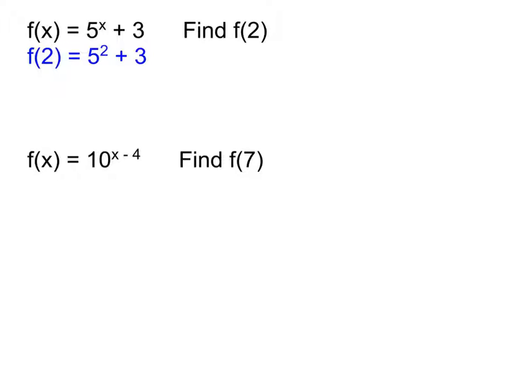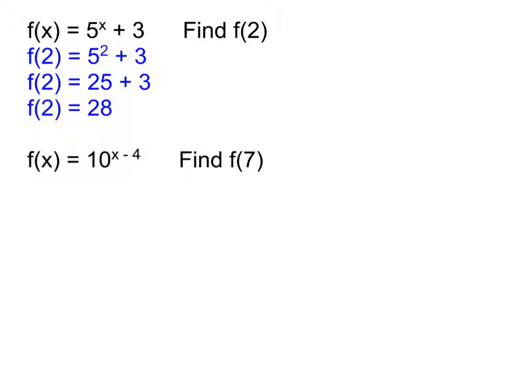So step 1 on that first one, I plug the 2 in for x. All right, so first thing we do here is we do the exponents, because exponents come before the addition, which is the other possible operation. So 5 squared is 25, because of course 5 to the power of 2 is 5 times 5. And then I do the 25 plus 3, and we can see our final answer is 28.